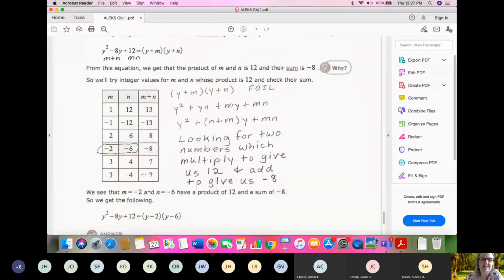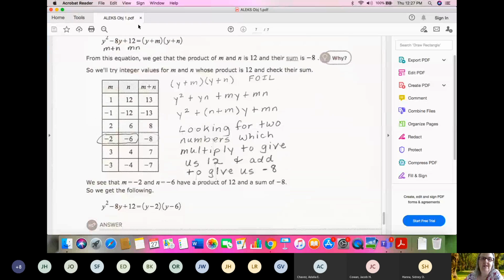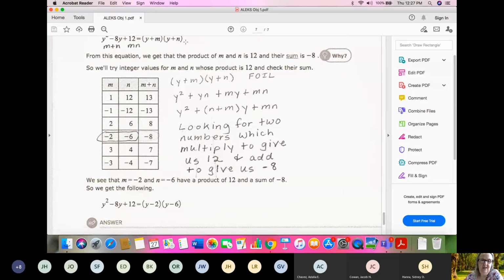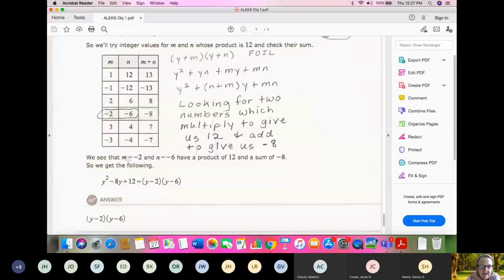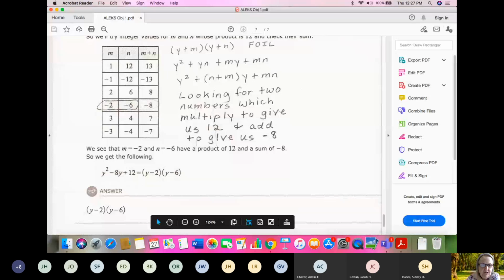So how do we write this? They're telling us that we want 2 sets of parentheses. So let's go down here, and this is what we want to factor. Just copy down here. By FOIL, looking at y squared, we can write y squared as y times y.